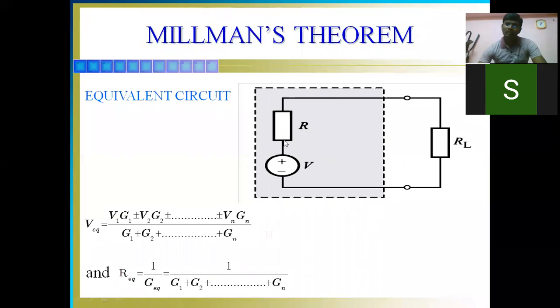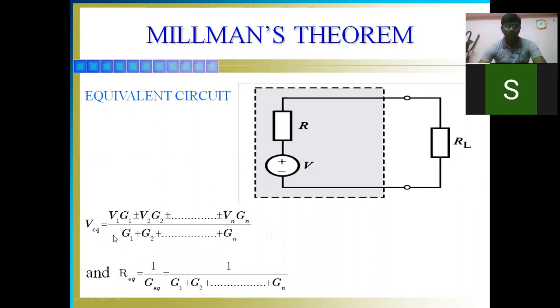This is the equivalent voltage and equivalent resistance, where V equivalent is equal to V1 G1 plus or minus V2 G2 plus or minus V3 G3, and so on, plus or minus Vn Gn, divided by G1 plus G2 plus ... Gn. And R equivalent is equal to 1 by G equivalent, which is equal to 1 by (G1 plus G2 plus G3 and so on up to Gn), where G is conductance, the reciprocal of resistance.